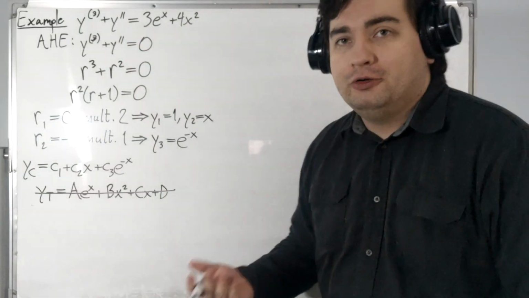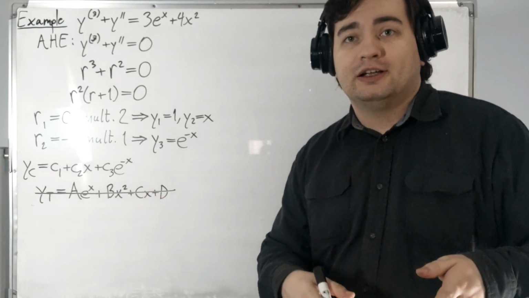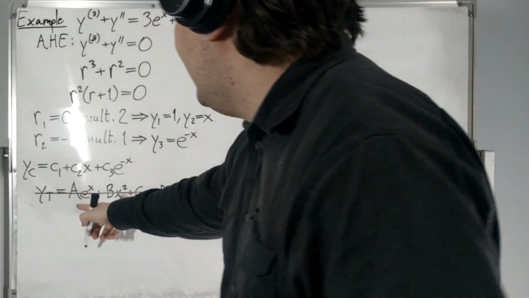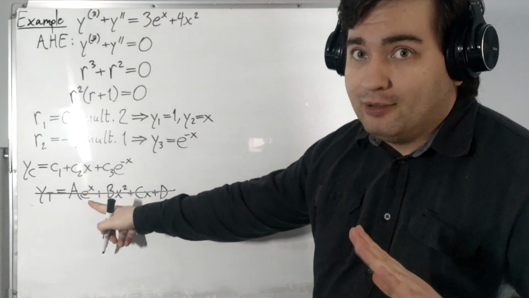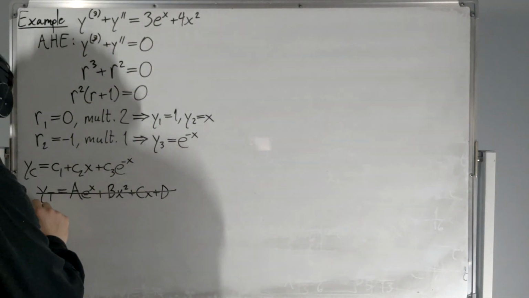The way that you come up with a new guess is you take the previous guess and you multiply a factor of x by whatever part is causing trouble. In this case, the a e to the x is not the problem, so don't multiply x by that. Instead, just multiply x by the polynomial part.